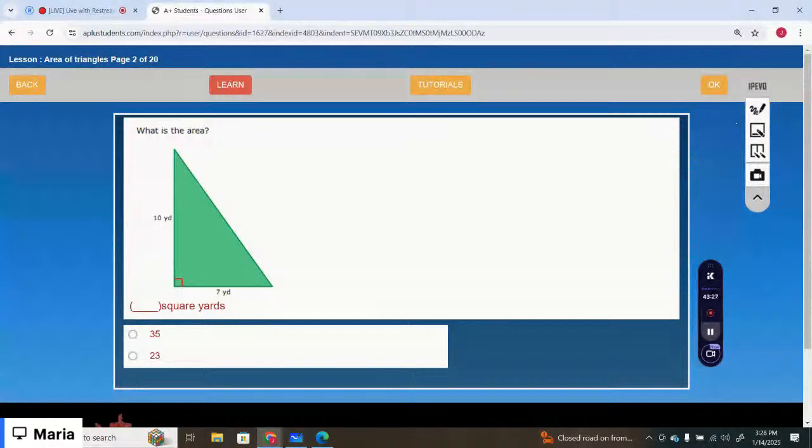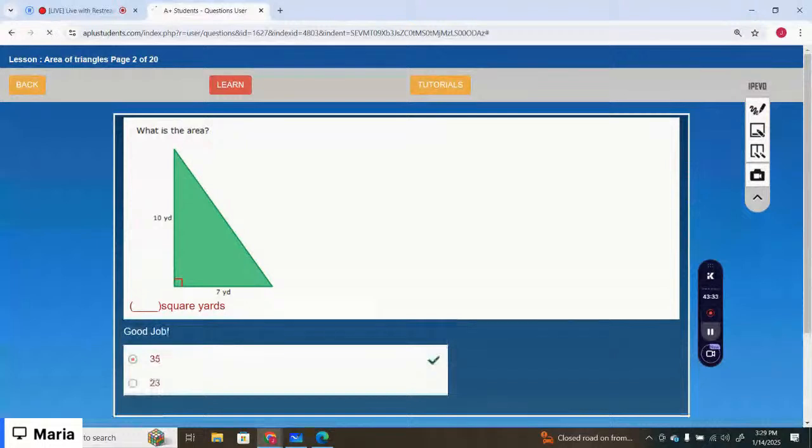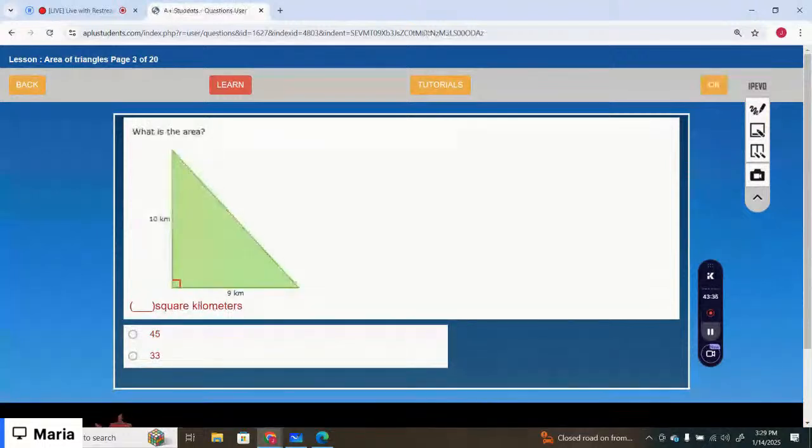Option number 1 is the correct option. What is the area? Which is the correct option?